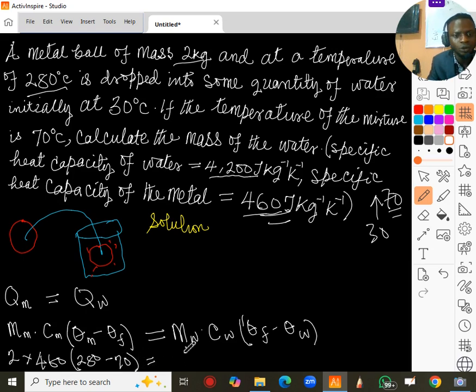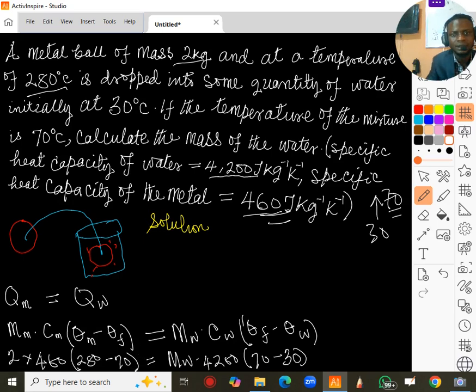Now the mass of water is unknown, so it remains like that. Mass of water multiplied by the C for water, 4200, into final temperature 70 minus temperature of water 30.